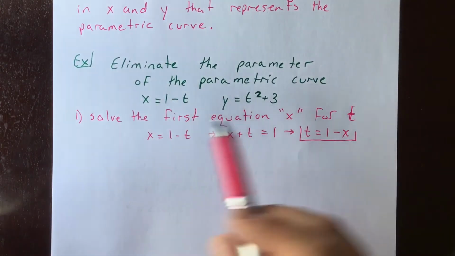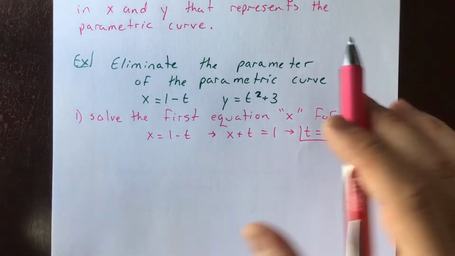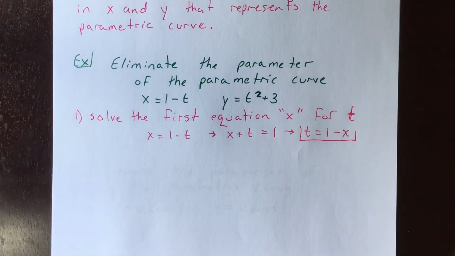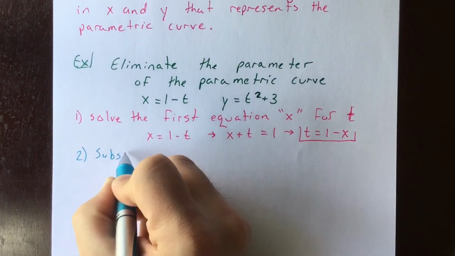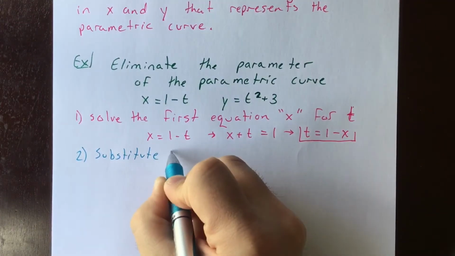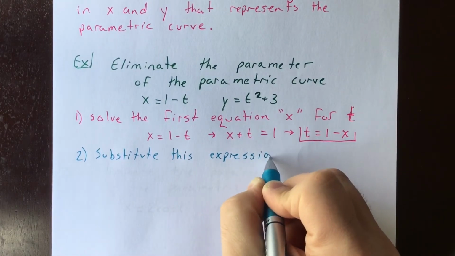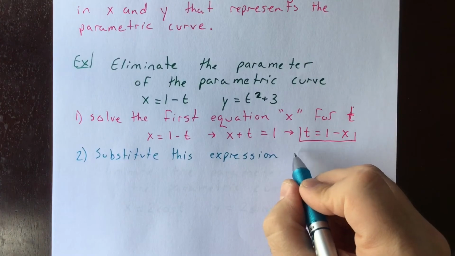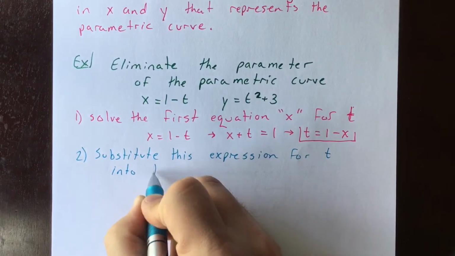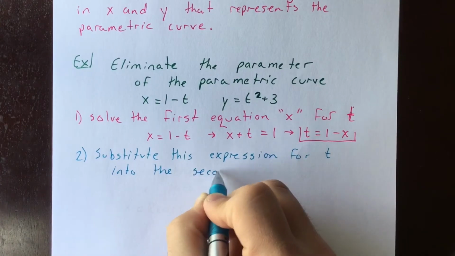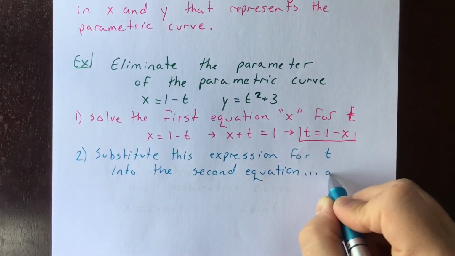Sometimes it's going to be that easy, sometimes it's not, depending on what the first equation is. Here we have a linear equation. It's nice and easy to work with. So the second step, where most of our time will be spent, is to substitute this expression for t into the second equation and simplify.